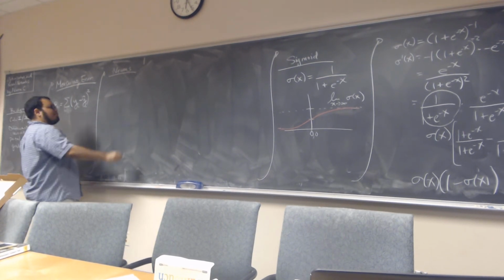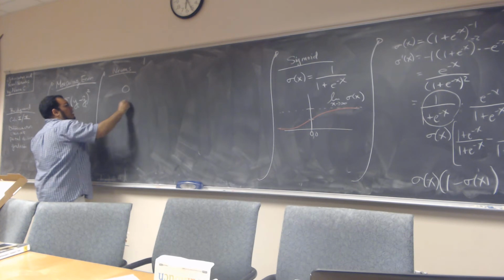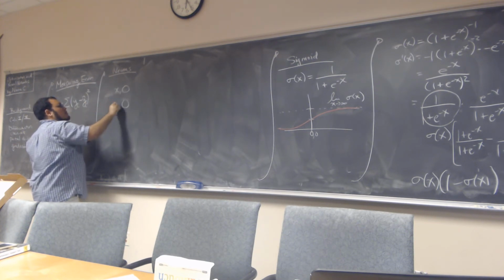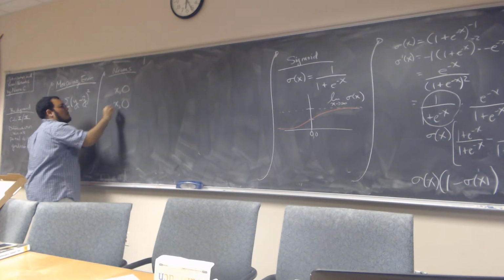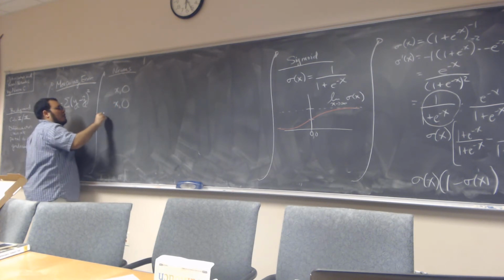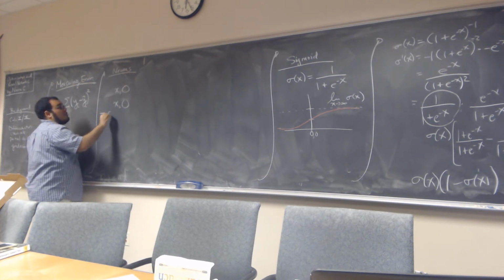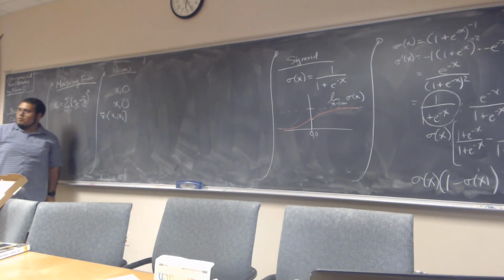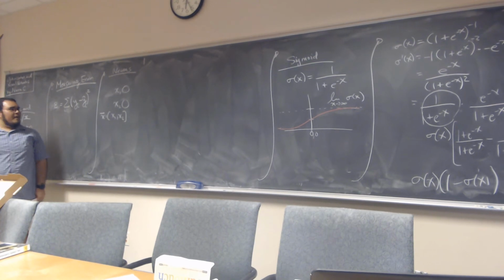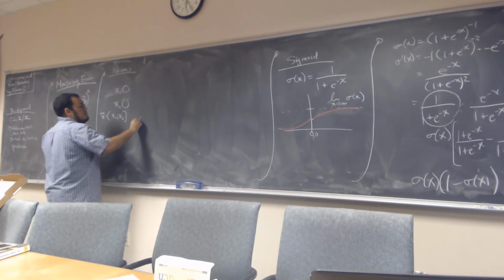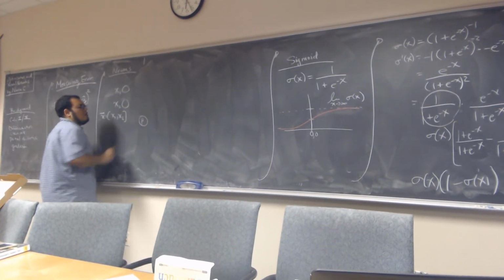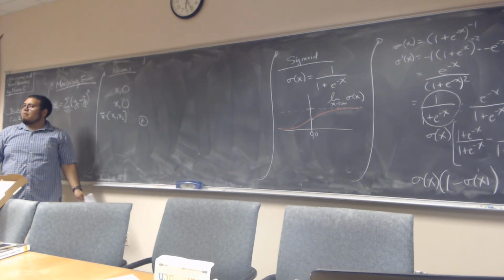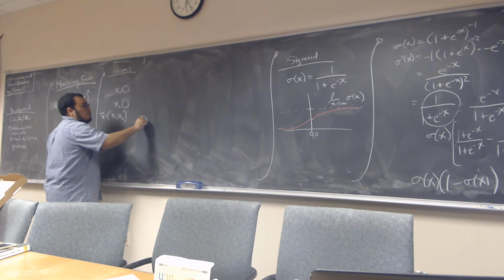So I'm going to make a neuron. This neuron is going to take in some inputs, x1, x2, that are just the values in a vector. And then there's going to be a constant that I'm going to call beta. Typically this is called the bias, and I'm going to set it equal to 1.